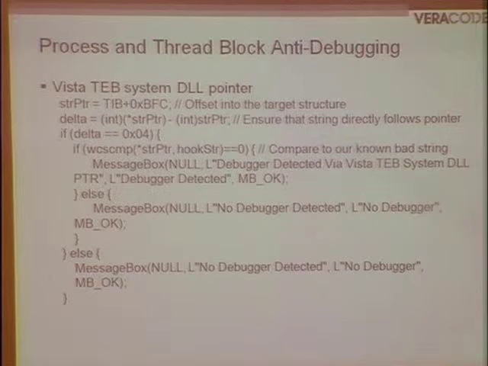This one's Vista specific, and it's kind of cool. If you create a process under Vista with no debugger, the thread environment block for the main thread at offset 0xBFC will have a pointer. That pointer points to a Unicode string that references a system DLL.